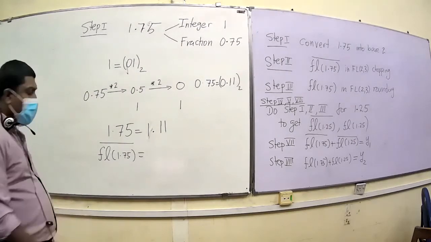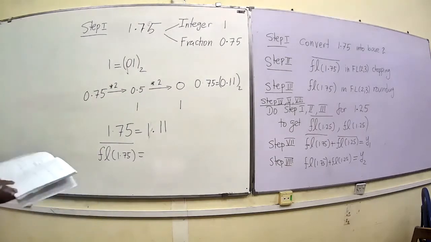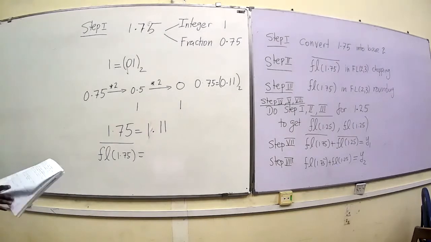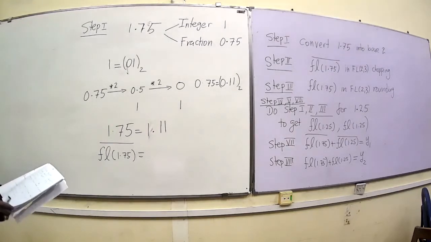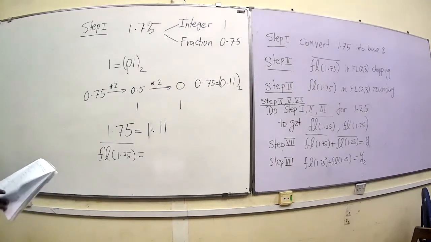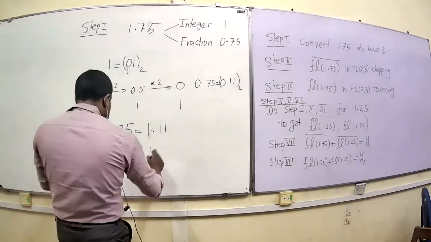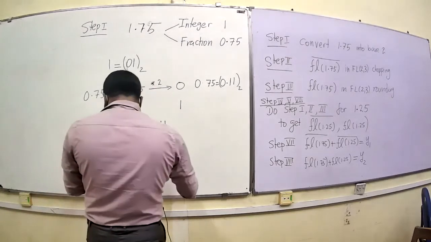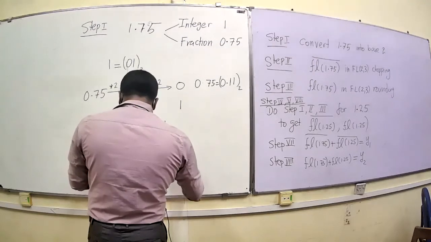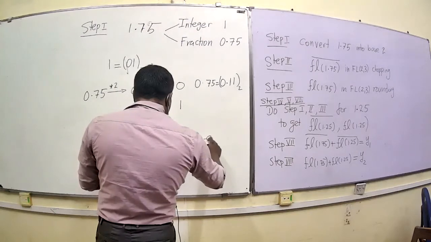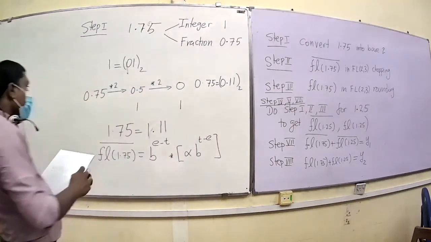Right. So here, FL bar, you have a formula, right? So we studied that formula, FL bar, for chopping. So you know this: b to the power e minus t times the integer part of alpha times b to the power t minus e.